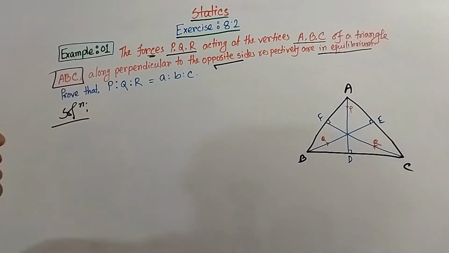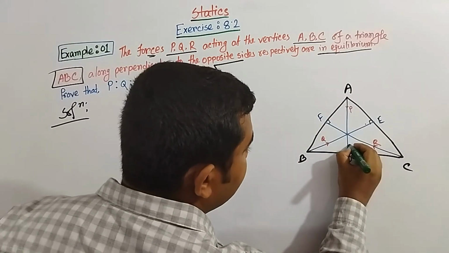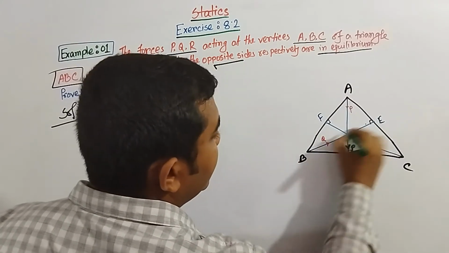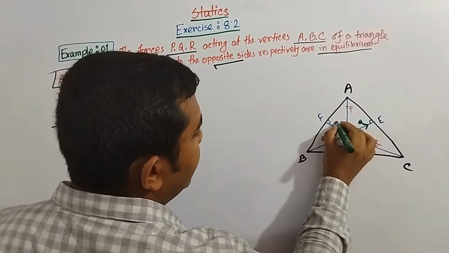Now what we can write from here: since P is acting this way, Q is, say, here, and R, say, in here.